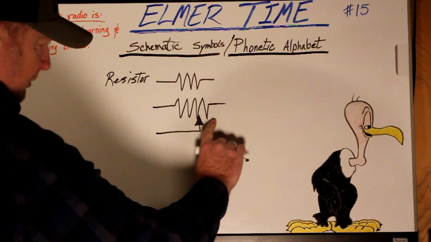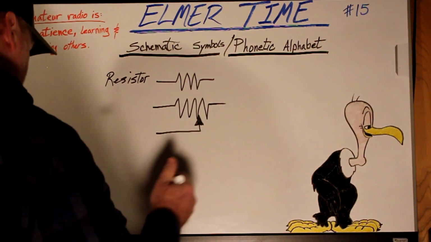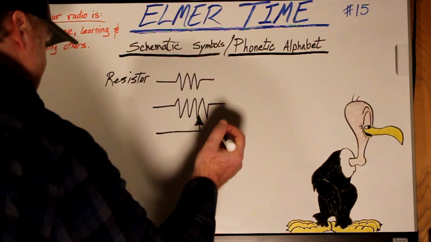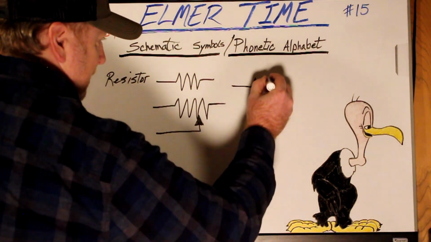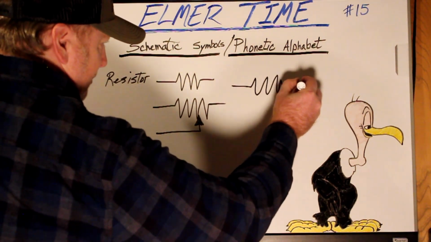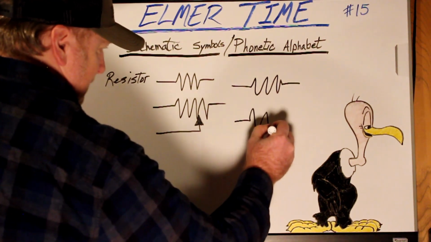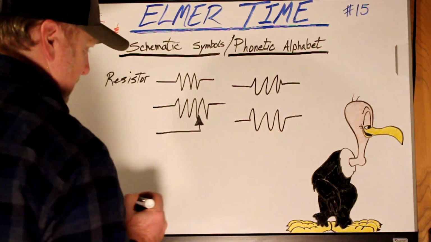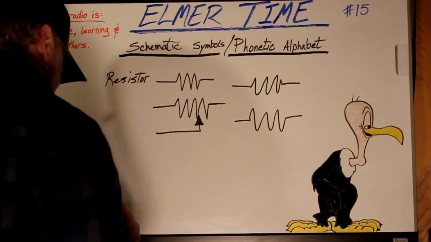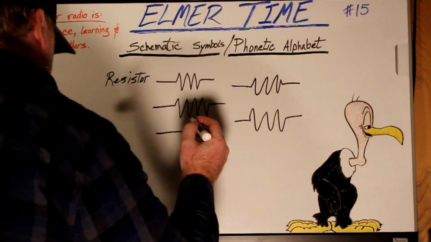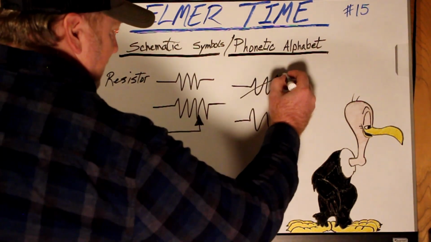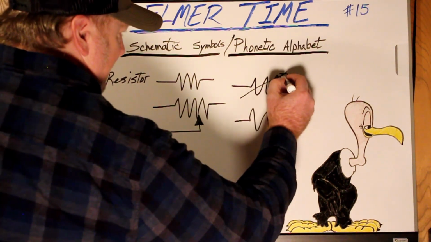The tuning goes across. There are so many of them, I'm only going to cover so many. You'll have to excuse my poor writing skills here. But anyway, if it has a line through it like that, that would be a rheostat.